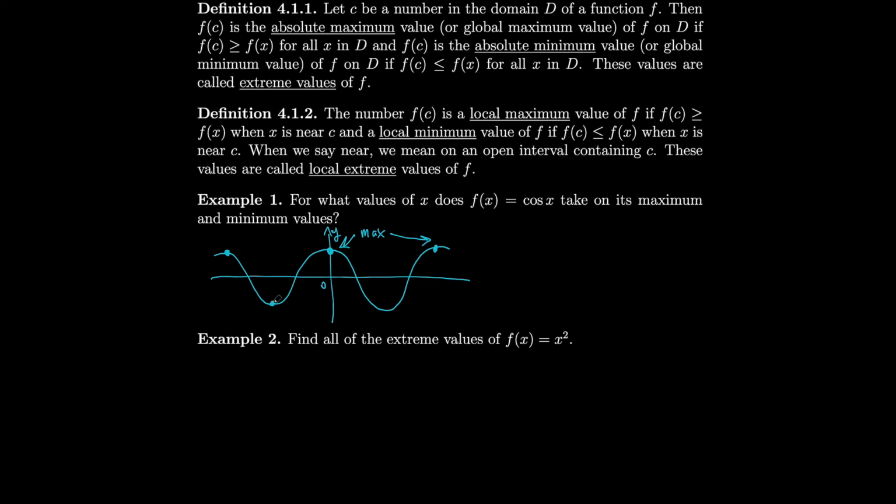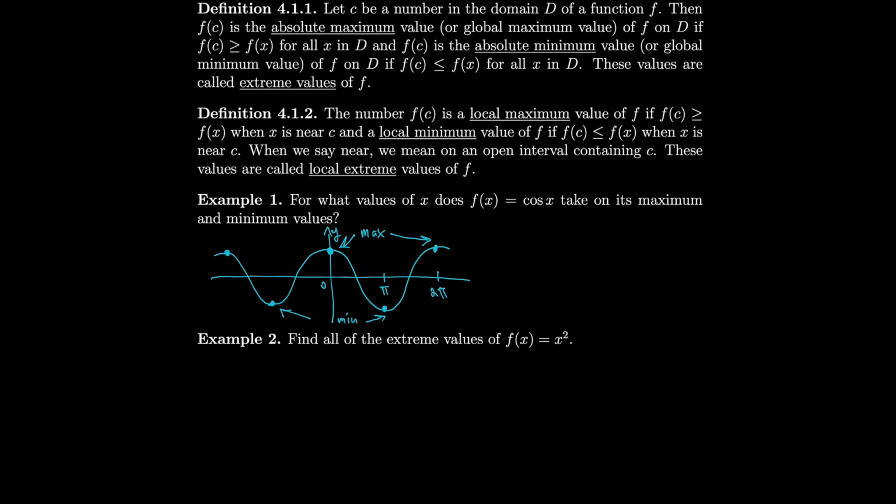Over here we have minimum values at -1. Let's put some x coordinates here. This is pi. This is 2 pi. So it looks like we have a maximum value at 0 for x, at 2 pi.